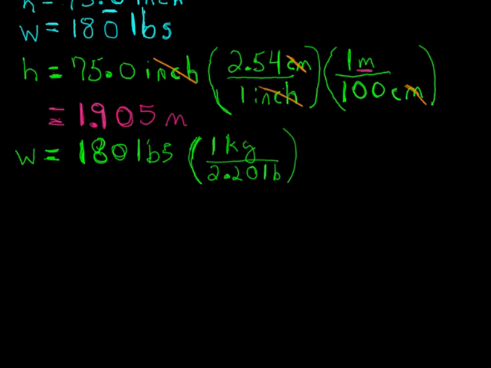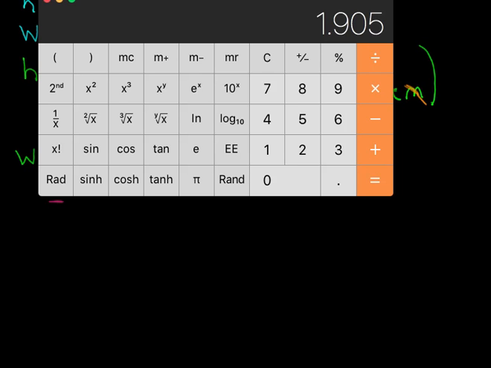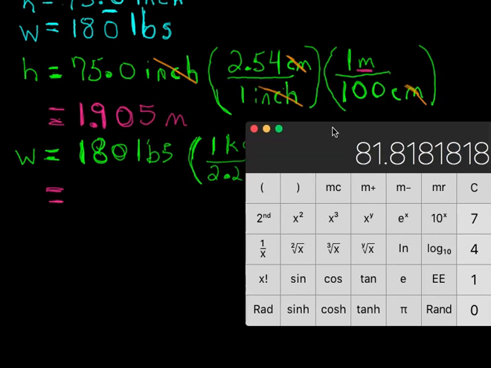Again, I'll pull out the calculator and we'll get our conversion. So 180 divided by 2.20 equals 81 repeating.